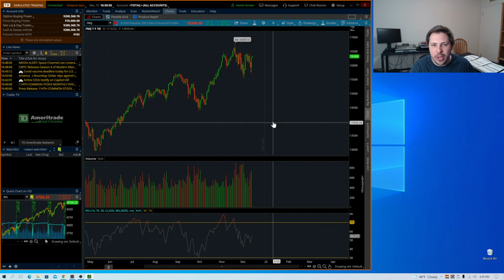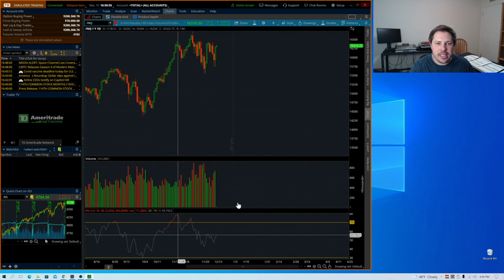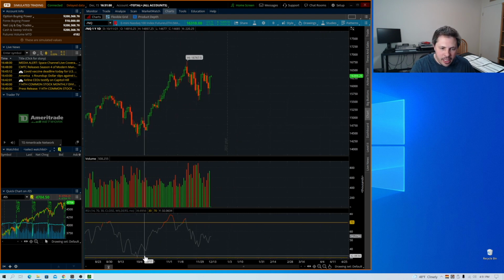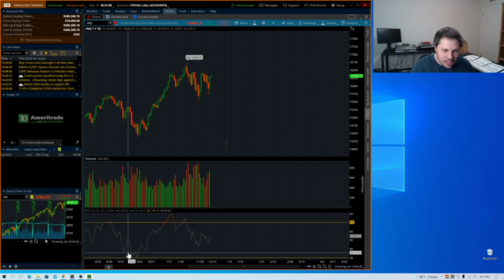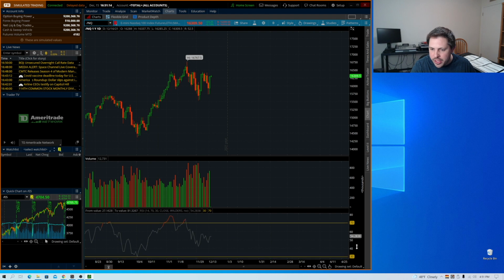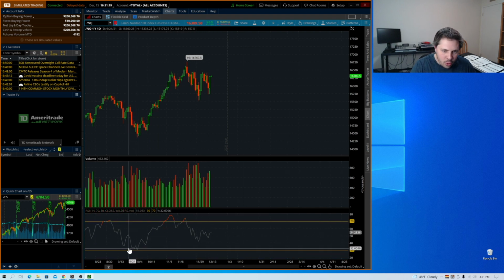As an example here, just looking at the NASDAQ, we can see that this RSI traded down around the end of September, beginning of October. The market was selling off and it didn't quite get below this 30 line, which would be considered an oversold market, but we still could have anticipated.